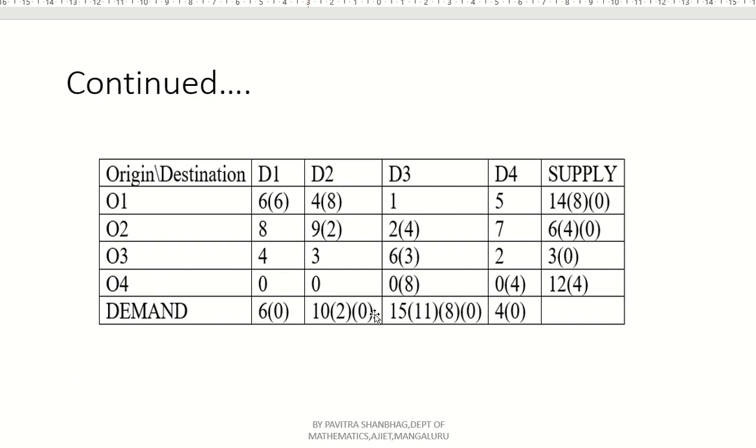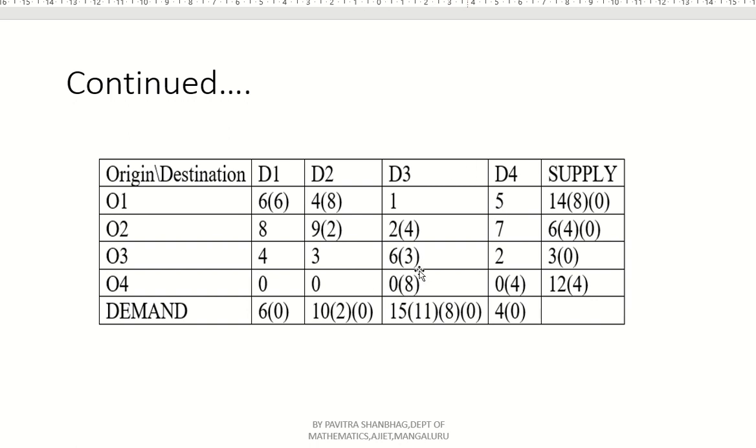Now your demand and supply are equal. 6 plus 14 plus 3 plus 12 is 35, and 6 plus 10 plus 15 plus 4 also gives 35. So we can conclude that the transportation problem is balanced, and we can move further.